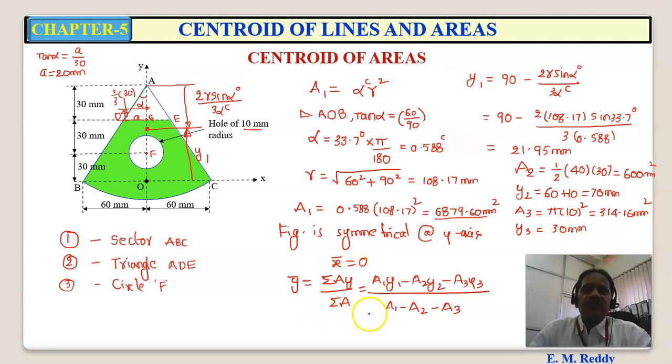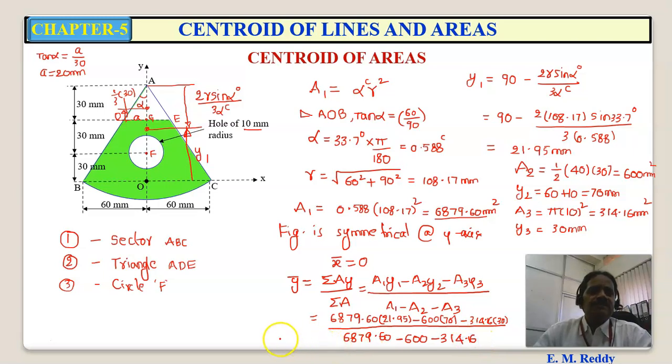Now putting all the values over here. A1 68 79.6 into y1 21.95 minus A2 600 into y2 70 minus A3 314.16 into 30, divided by A1 68 79.6 minus A2 minus A3 314.16.